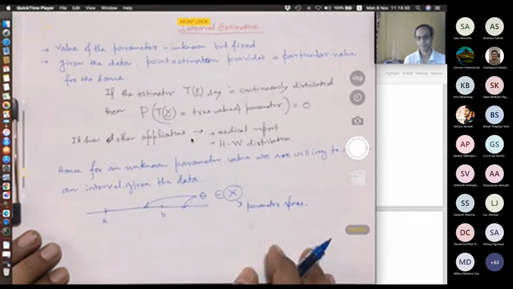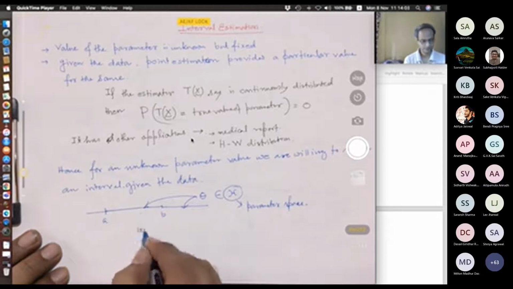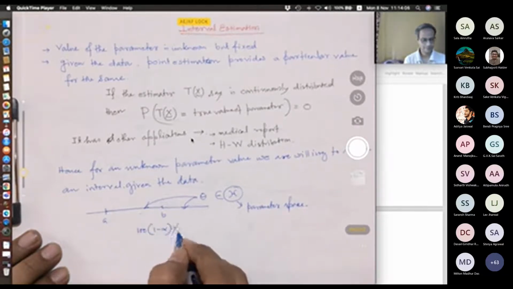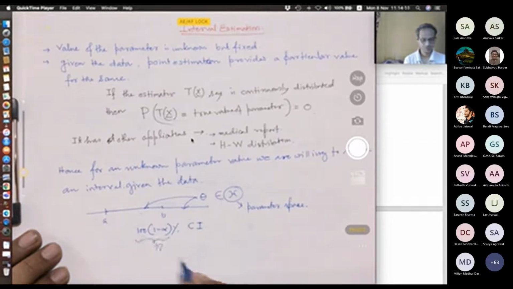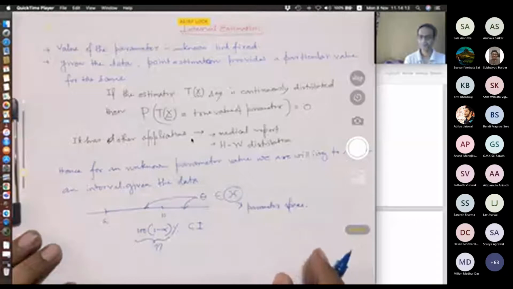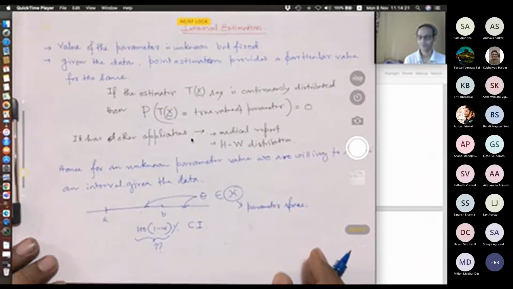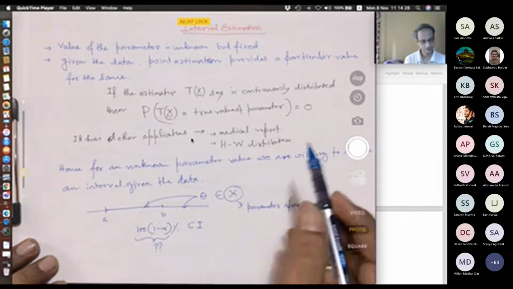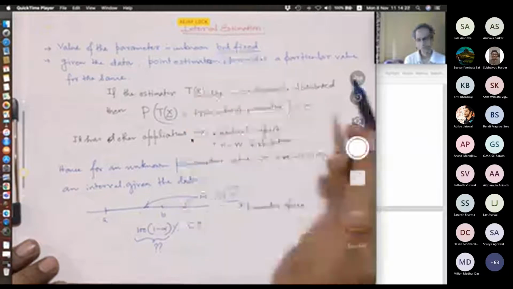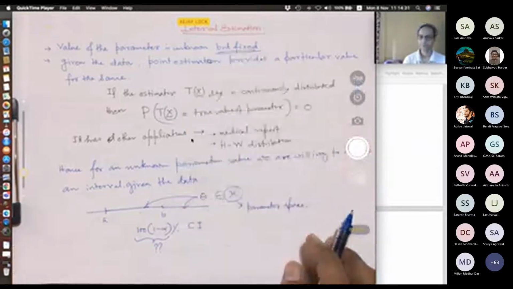So from where does this 100 into 1 minus alpha percent CI come? Do we assume some distribution of theta over the parameter space? No, no. Theta is fixed. Already declared. It is fixed. We are not doing Bayesian.